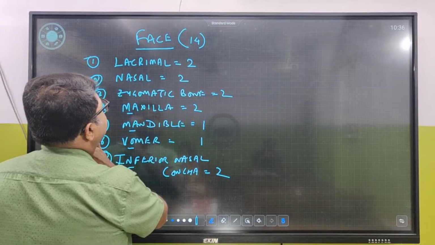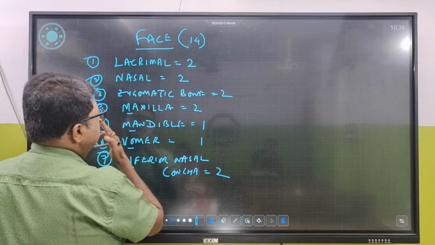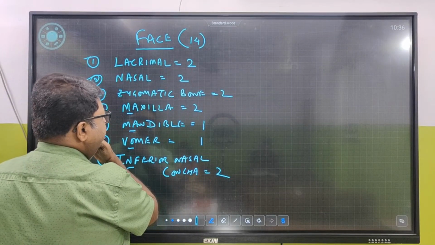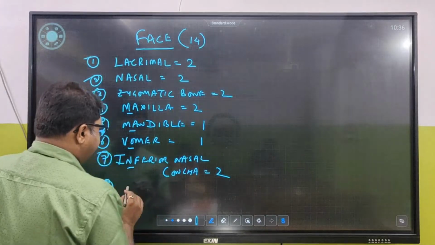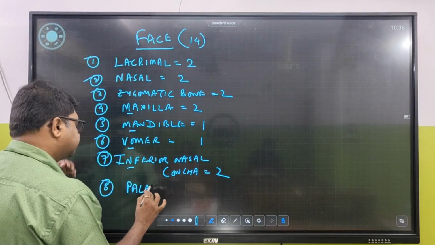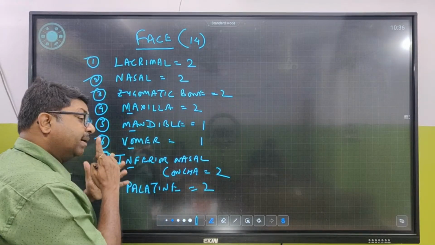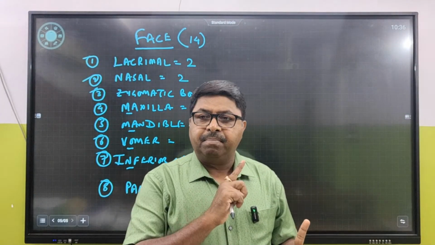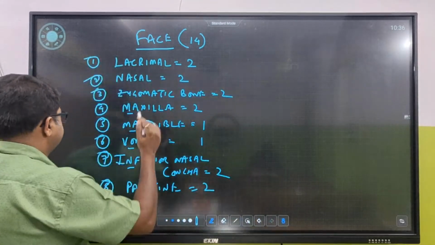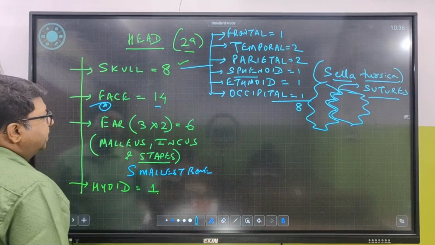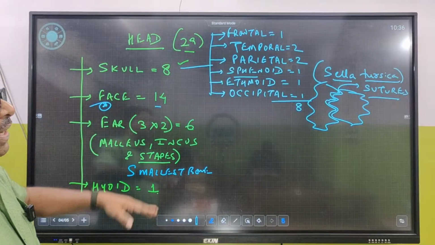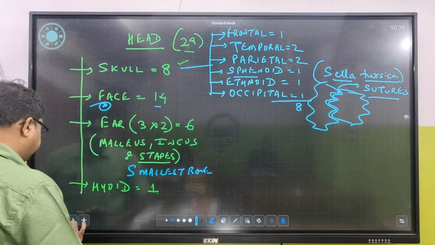The lacrimal 2, nasal 2, zygomatic bone 2, maxilla 2. Then palatine. Two of the palatine bones, the upper palate. So that makes 14 bones. Clear? So that makes a total of 29 bones in the head region.